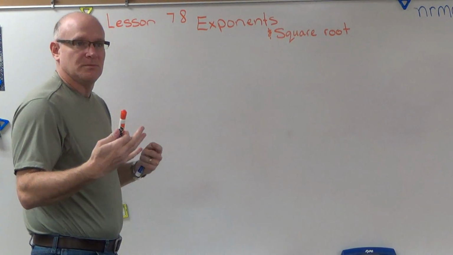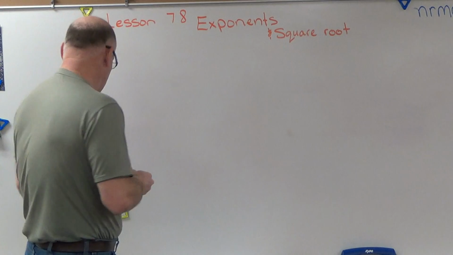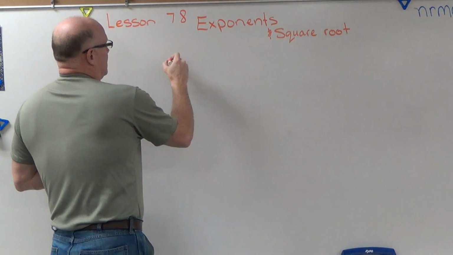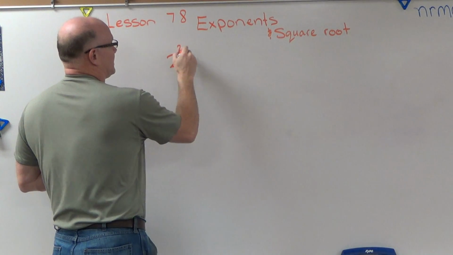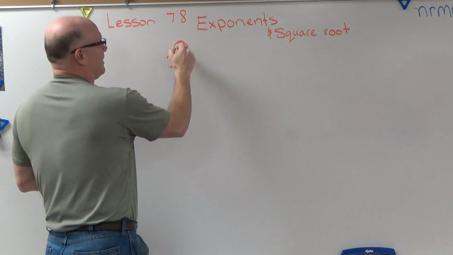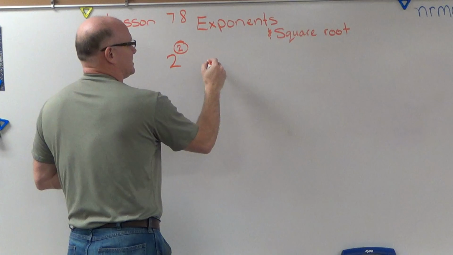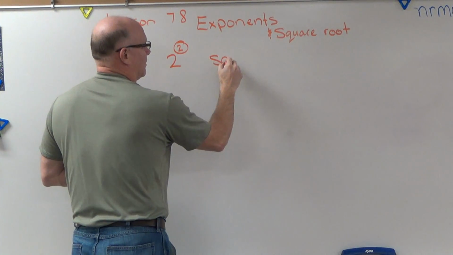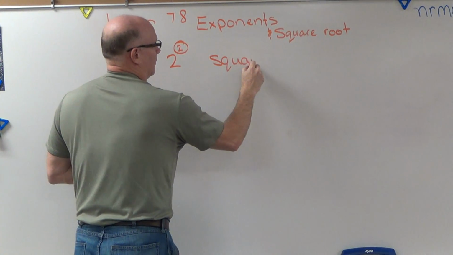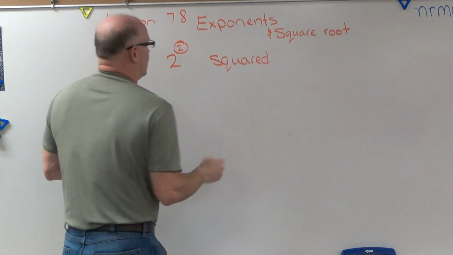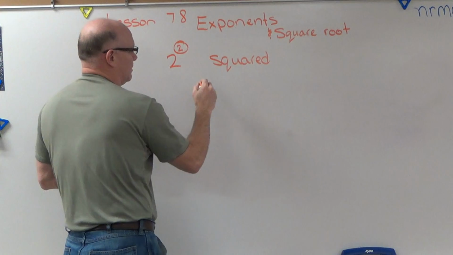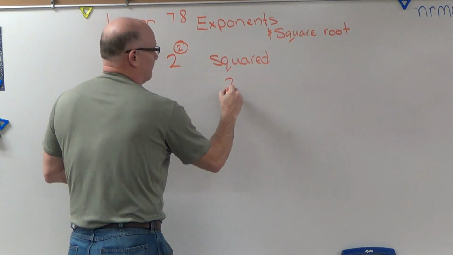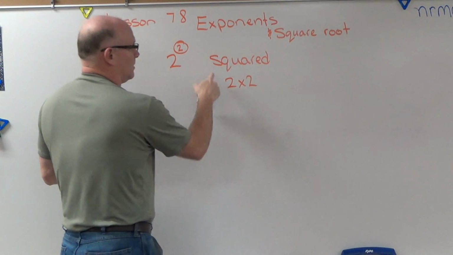Now, a couple of terms to know with that. Say I have 2 to the 2nd power. Anything to the 2nd power is the same as saying squared. So 2 squared would be 2 to the 2nd power, or 2 times 2.